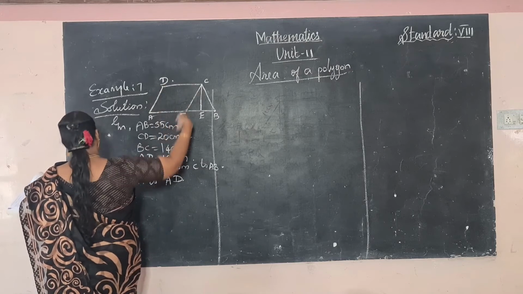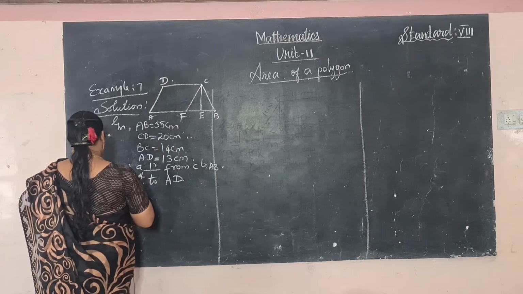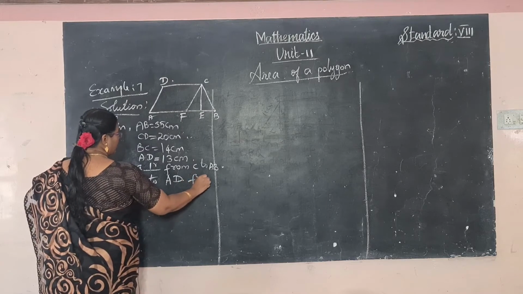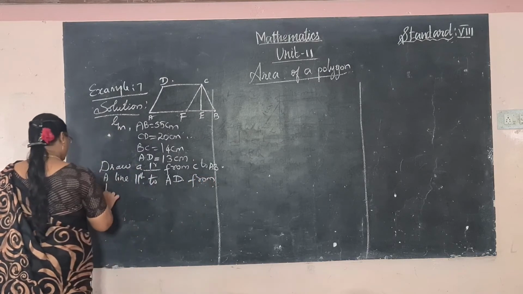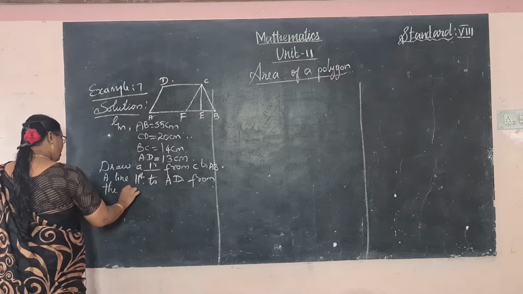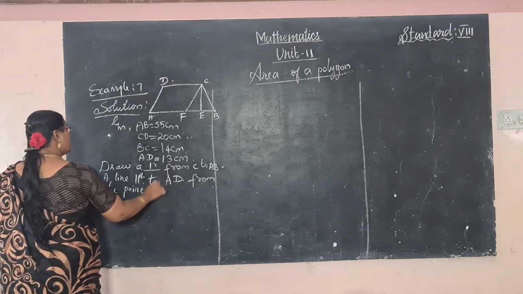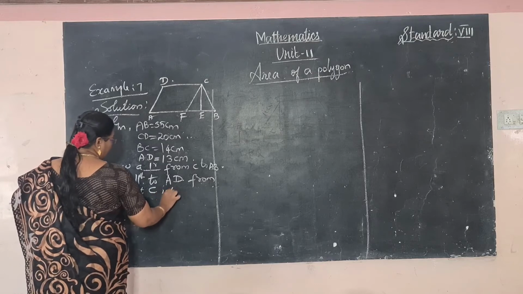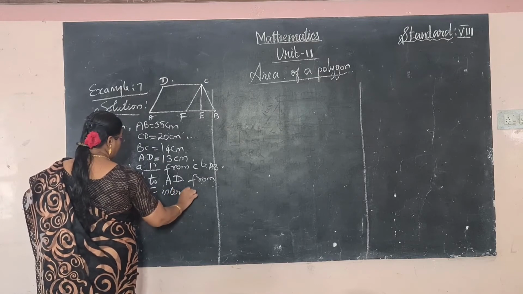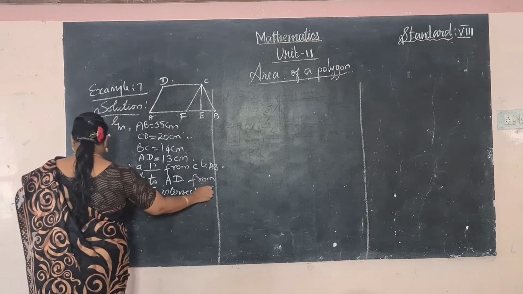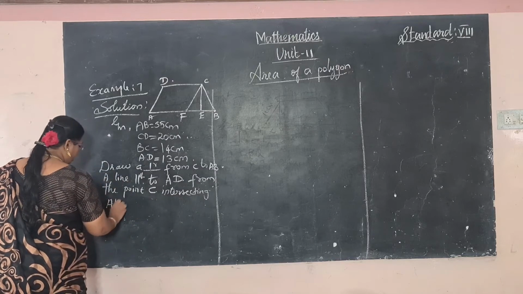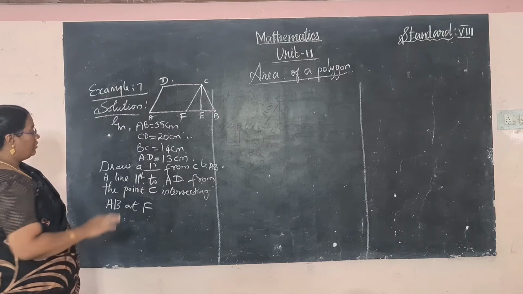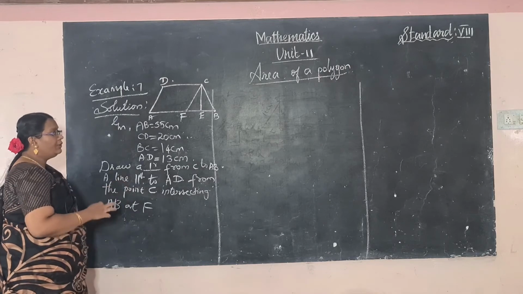A line parallel to AD from the point C, the same C, intersecting AB at F. Okay.